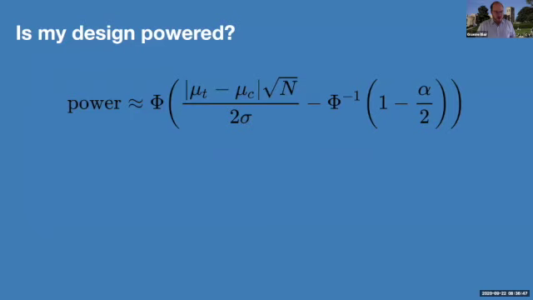The traditional way of doing this uses analytical expressions, and online power calculators are all based on some version of this kind of analytical expression that comes out of a high school stats textbook. It turns out that these analytical expressions are actually making a ton of assumptions about what research design we're actually running.